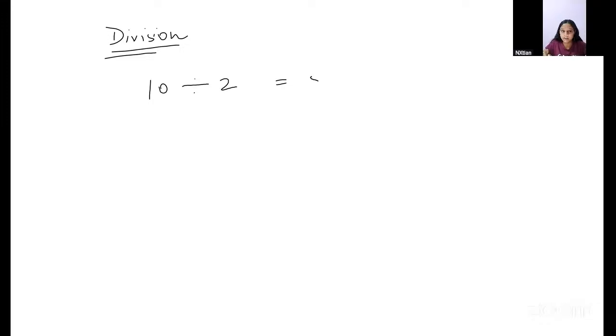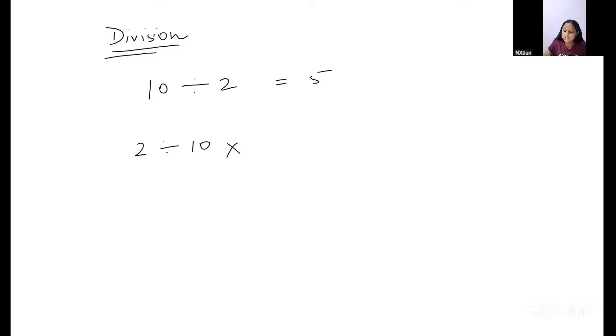But can I divide 2 by 10? No, I cannot divide 2 by 10. Why? Because 2 is a smaller number and 10 is a bigger number. I can never divide a small number with a bigger number, but I can always divide a bigger number with a smaller number.